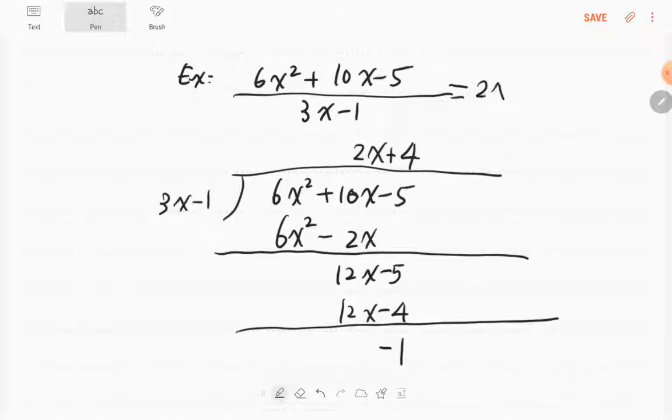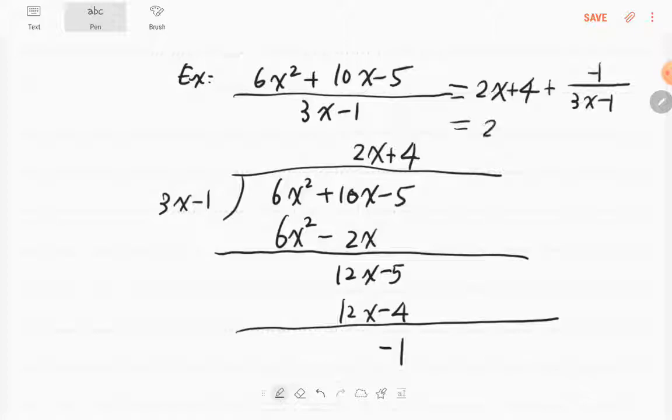So first, we will put the quotient. Then, how can we write the remainder? We should write the remainder negative 1 divided by the divisor. So your remainder will be expressed by a fraction.